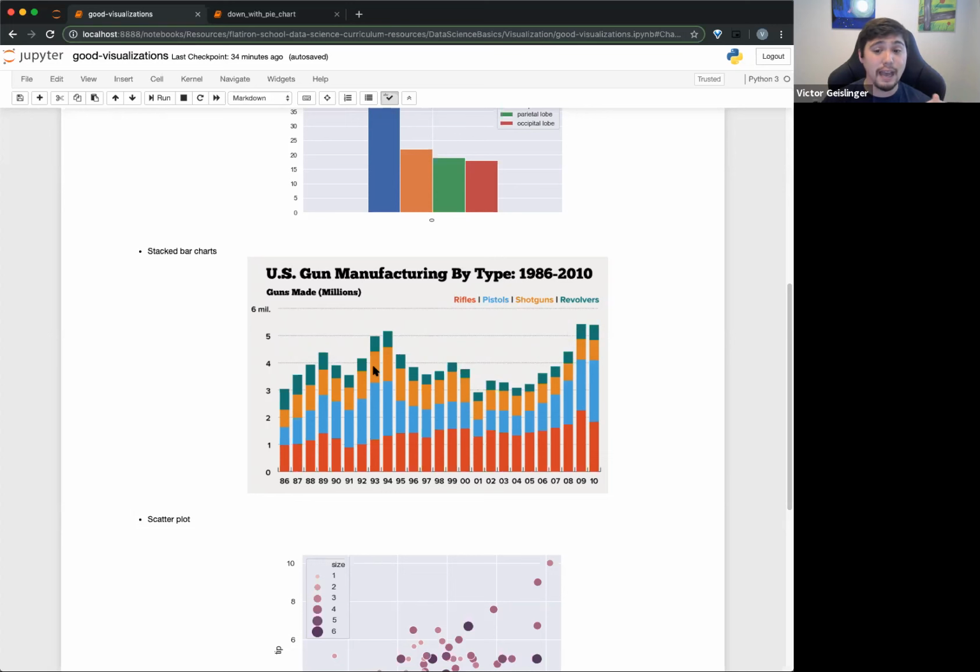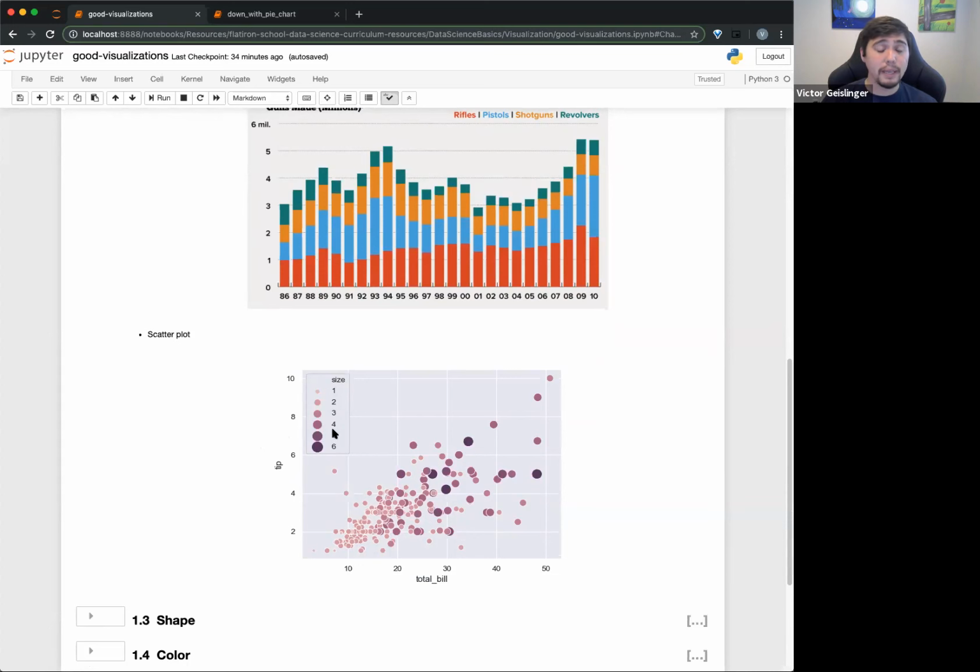Okay, and then scatter plots, I'm sorry, on length, but also size. In scatter plots we can also include size. This is actually from Seaborn too, and I'll link that later. This emphasizes that you can use size within your scatter plot.